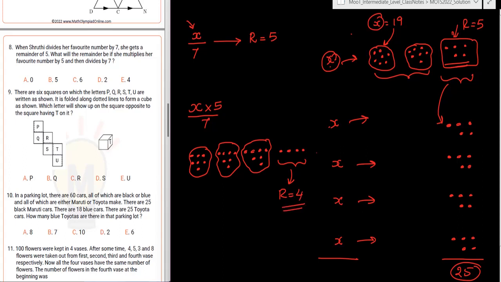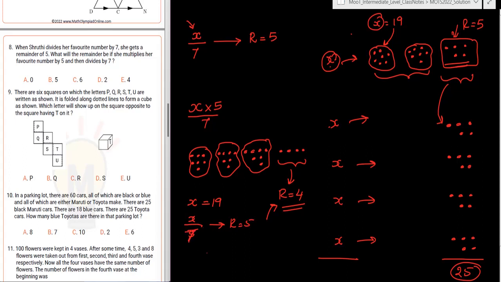Alright. So if she takes her favorite number, multiplies by 5 and then divides it by 7, she is going to have a remainder of 4. You can also do this problem by taking an example. We took an example x equal to 19, such a way that when x is divided by 7, you get a remainder of 5.